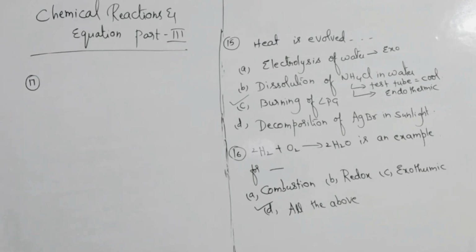Also it is given about zinc and HCl. Zinc and HCl, hydrogen gas is liberated, we have learnt. Among the following, the combination reaction is. Once look at this question.